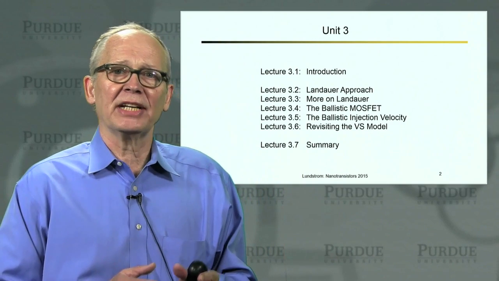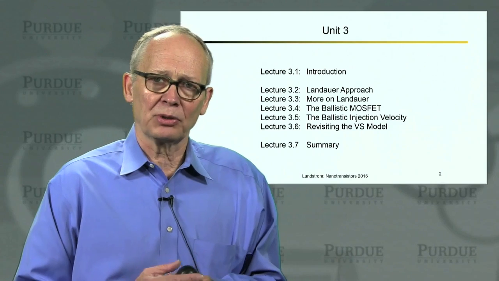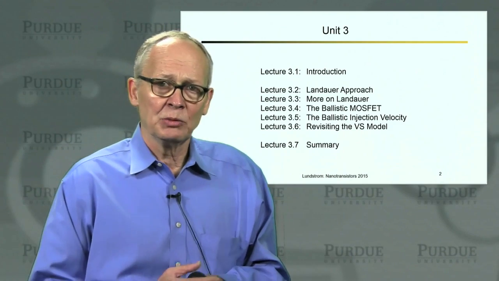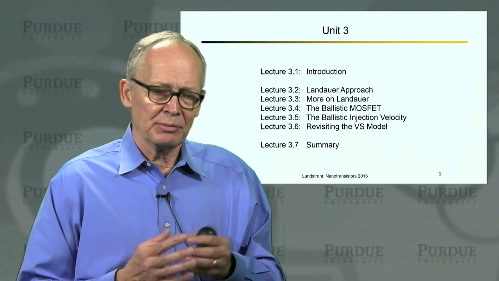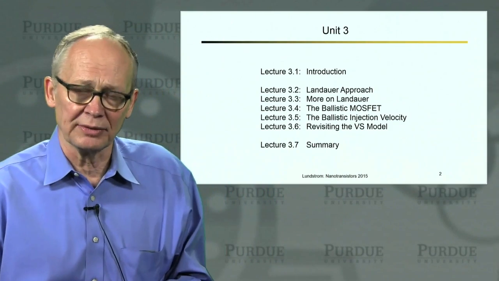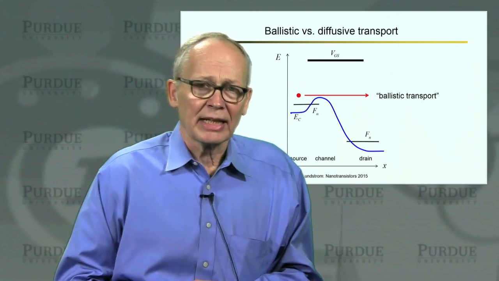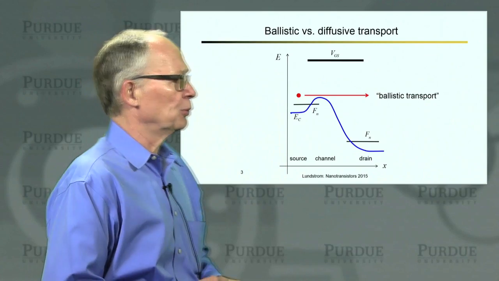But then we'll change the emphasis beginning in Lecture 2 to a more general approach called the Landauer approach, which will allow us to derive the same ballistic IV characteristics, but is more generalizable in order to treat real effects in real devices.